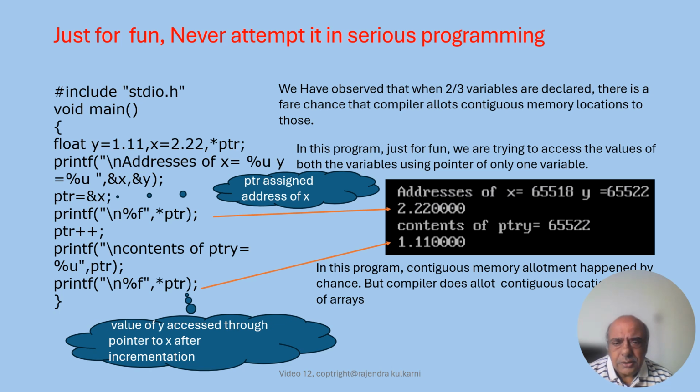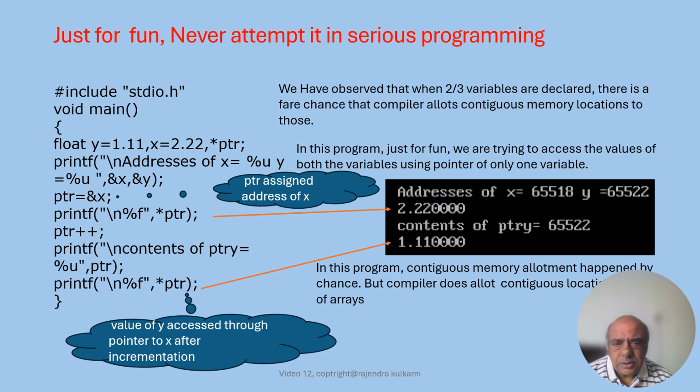Compiler does not have any method, or it will never allot contiguous memory locations to all the variables in our program, but here in this program it has happened by chance.